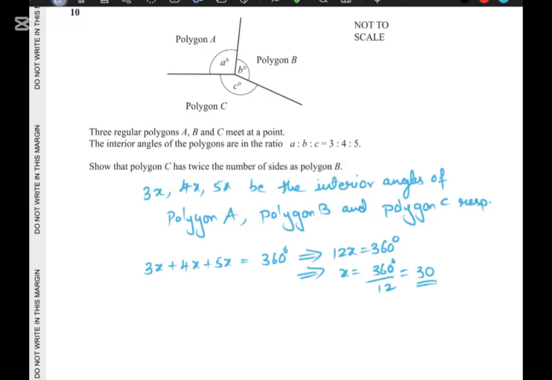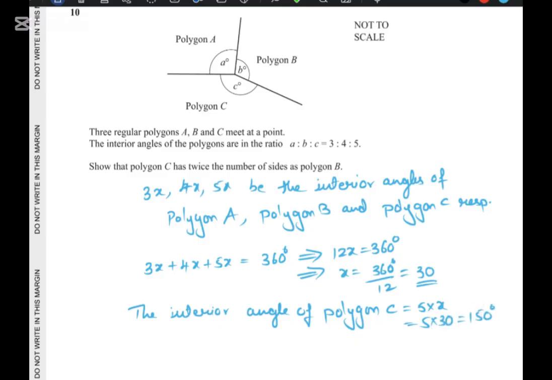So let us take only them. The interior angle of polygon C is equal to 5 into x, that is 5 into 30, that is 150 degrees.